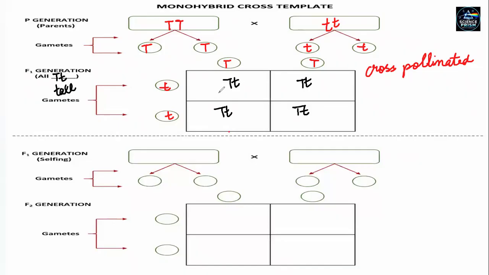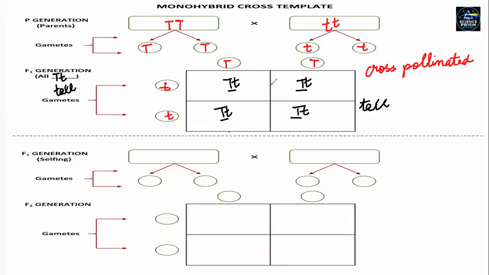They all are hybrid because now they all have these two genes, but the dominant one is the tall one, right? That is capital T. So that is why all the plants were tall. So basically, can we say that in the F1 generation, all the plants were tall? Yes?